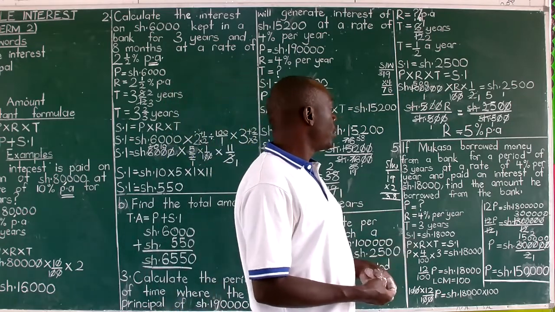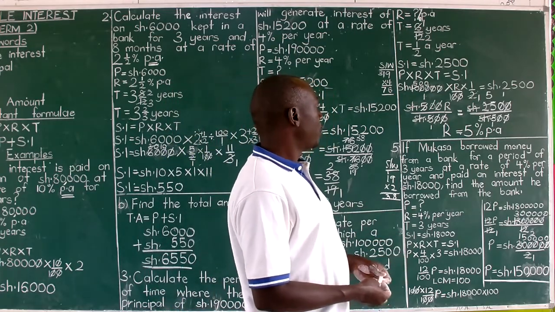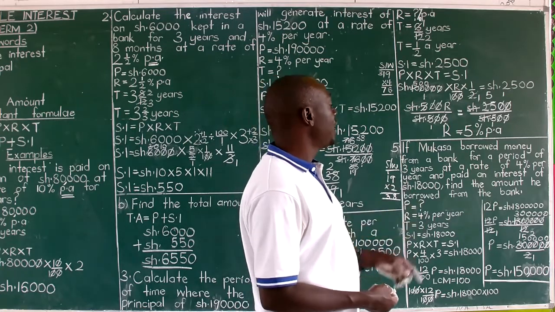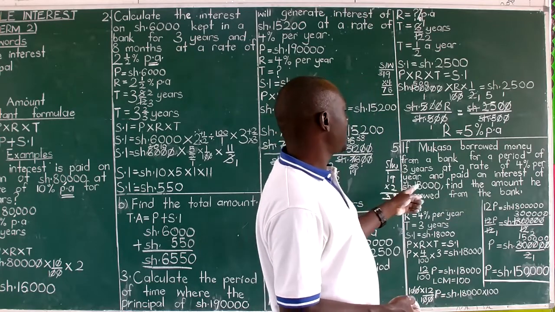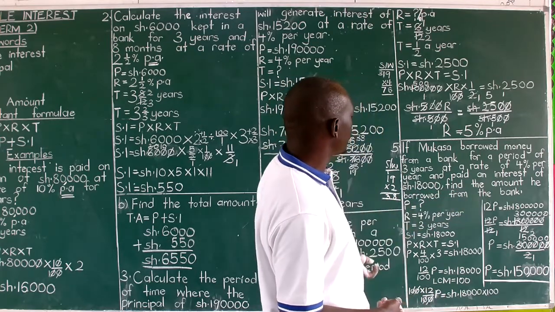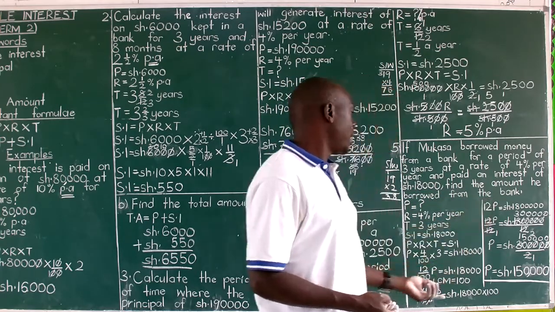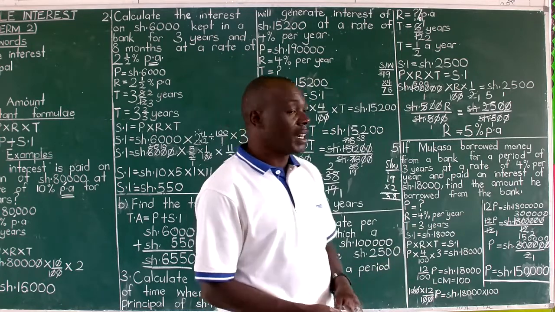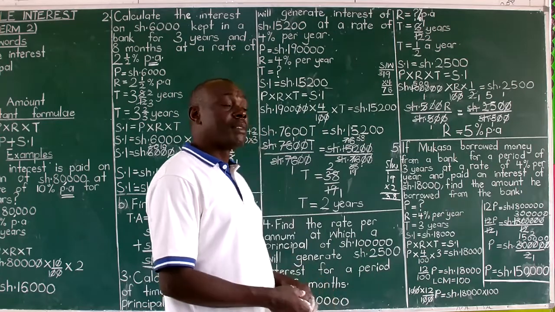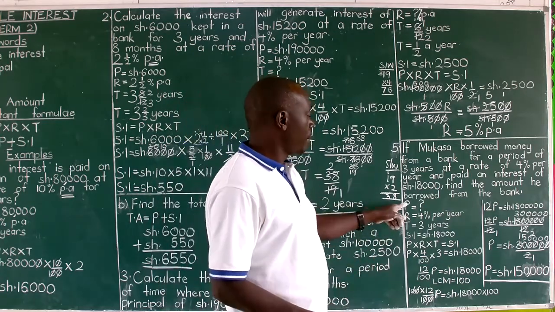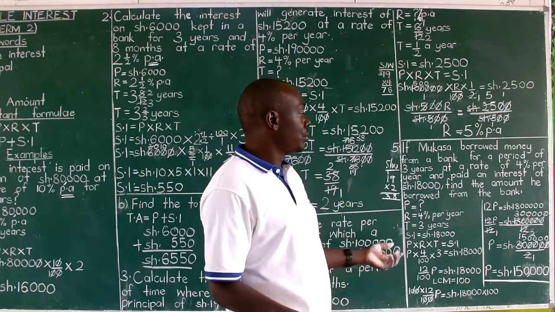So we go to example number 5. If Mukasa borrowed money from a bank for a period of 3 years at a rate of 4% per year and paid an interest of 18,000 shillings, find the amount he borrowed from the bank. The amount of money one borrows from the bank is termed as principal. That's why you say principal equals question mark. I don't know it.